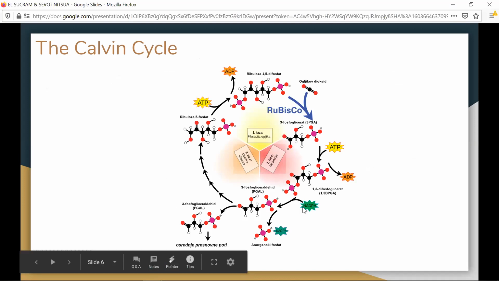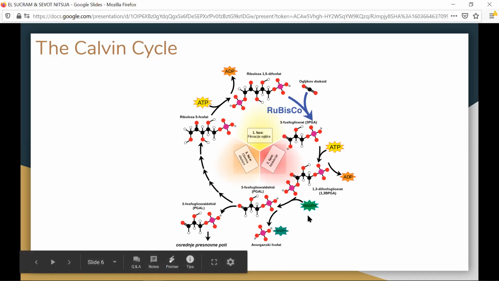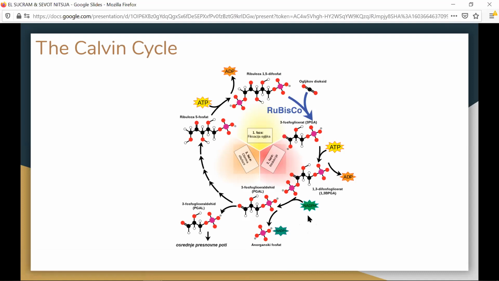During the reduction process, ATP is going to be converted into ADP, and NADPH is going to be converted into NADP. We got the ATP and the NADPH from the previous light reaction. When they turn into G3P, which is the end product of the reduction part of the cycle, you end up with 2 3 carbon molecules called G3P.